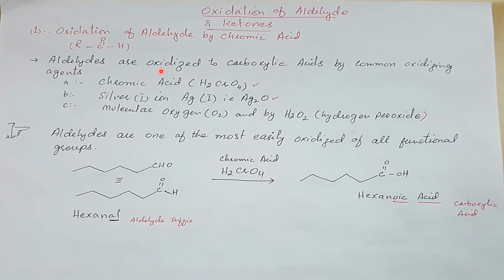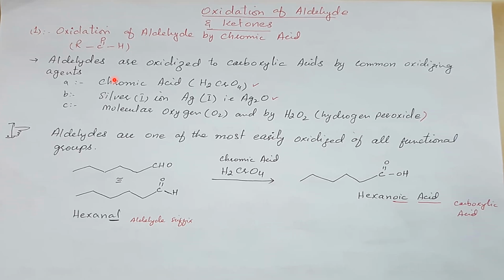An interesting thing about aldehydes is that they are one of the most easily oxidizable functional groups among all other classes of organic compounds. There are a number of different ways. Since aldehydes are easily oxidizable, we can use the common oxidizing agents for their oxidation.